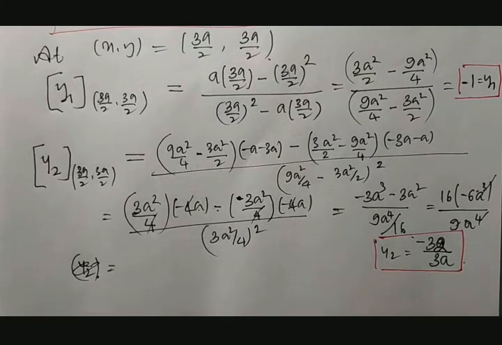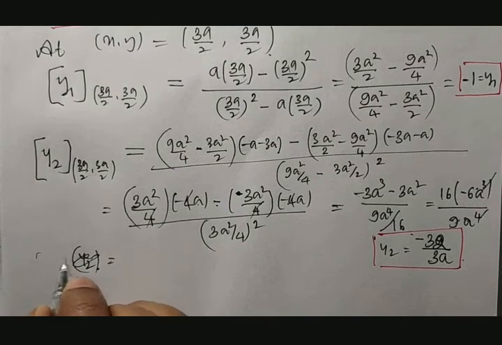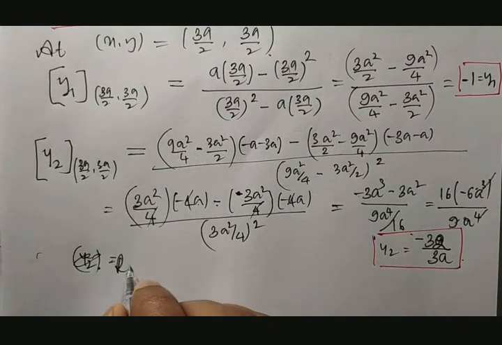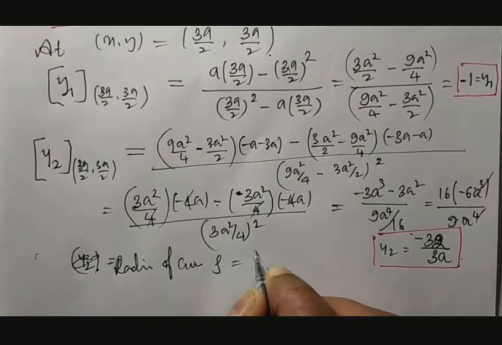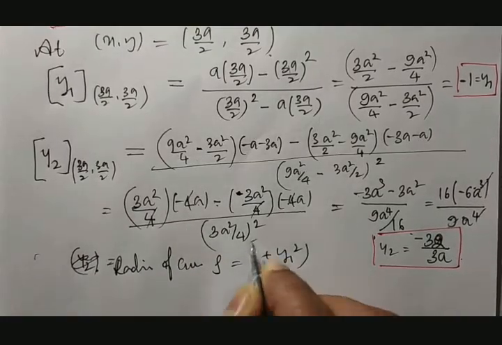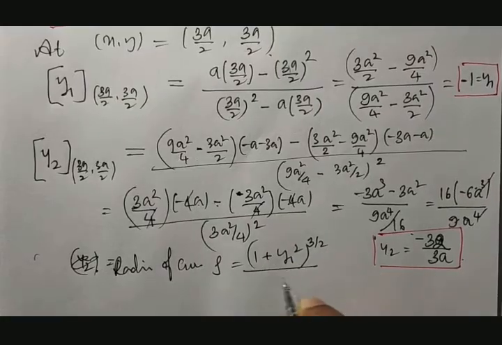Fine. Therefore, let us take radius of curvature rho is equal to 1 plus y1 square raised to 3 by 2 divided by y2. So after substituting these values, let us see what will be the value.